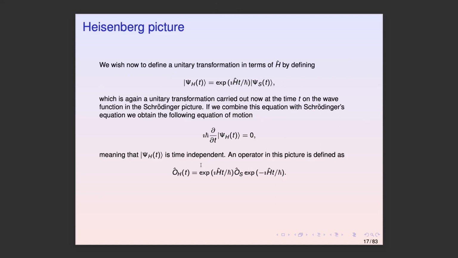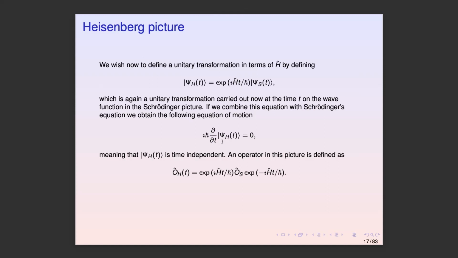And with that, you can then redefine all the operators. So this will be an H here, subscript H is now your operator in the Heisenberg picture. And then we also see that if we have a time-independent H, then combining the Schrödinger equation, we can actually show that the time derivative of this is equal to 0.